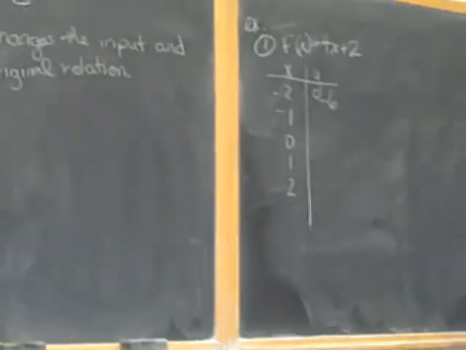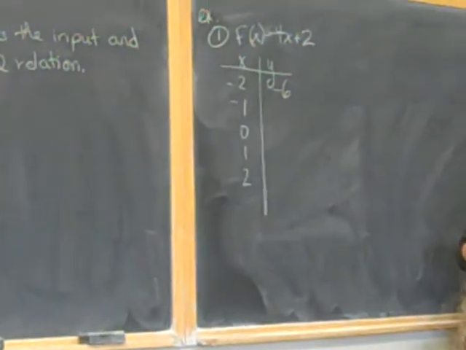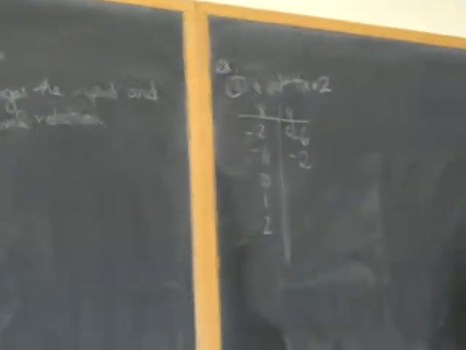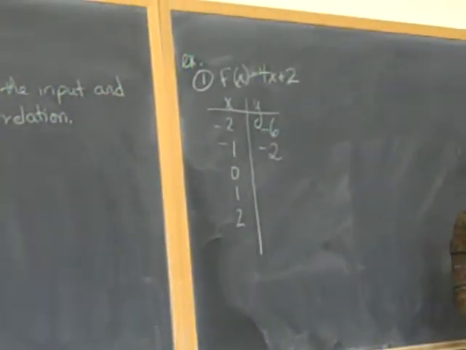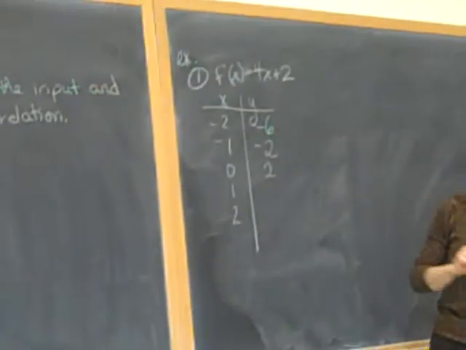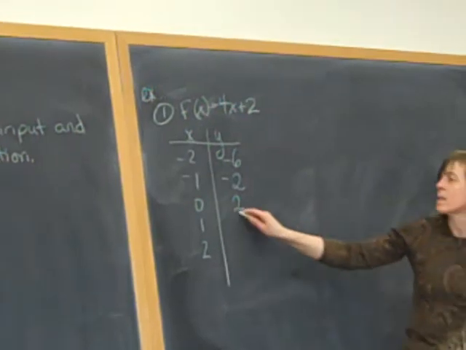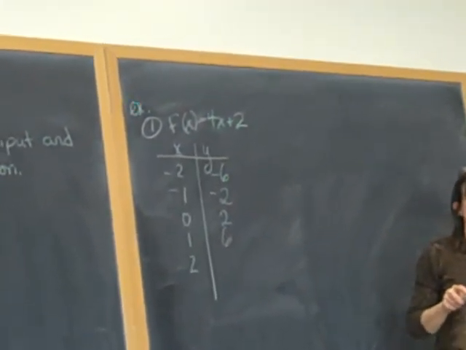How about if I plug in -1? It'd be -4 plus 2, or -2. Then 0 gives 2, 1 gives 6, and 2 gives 10.